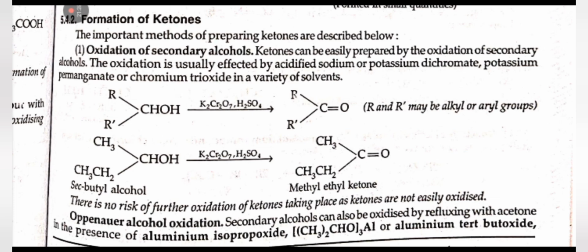Secondary butyl alcohol on treatment with K2Cr2O7/H2SO4 will give methyl ethyl ketone. There is no risk of further oxidation of ketones taking place as ketones are not easily oxidized.